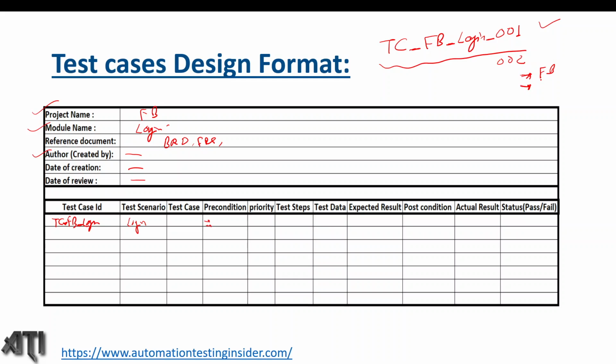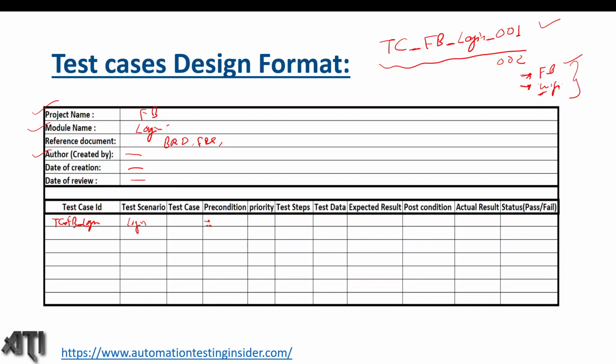Or we can say it is connected to Wi-Fi. For different applications we may have different Wi-Fi connectivity. So these are the preconditions: the application should be connected, and we have proper Wi-Fi connectivity.